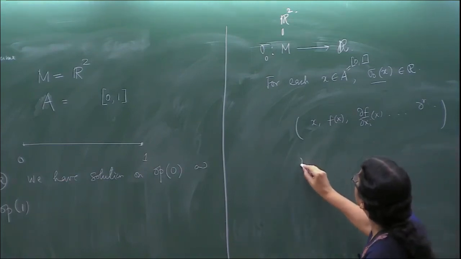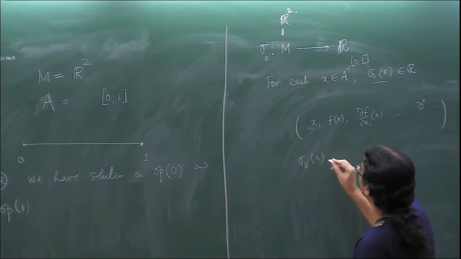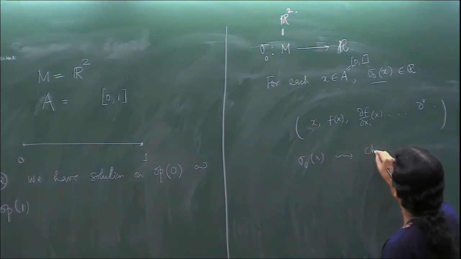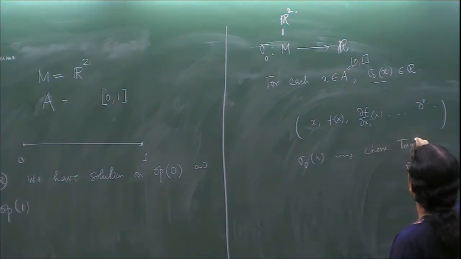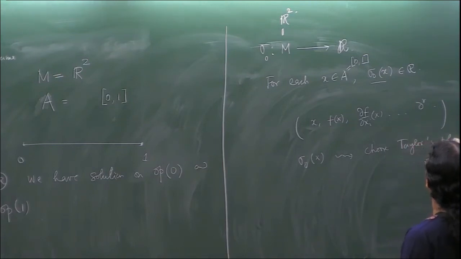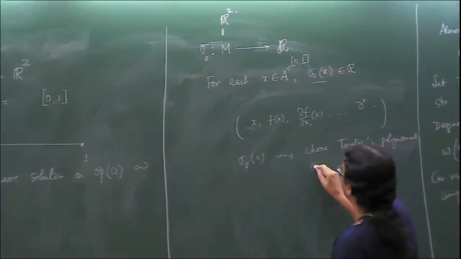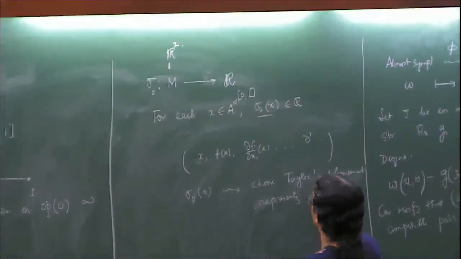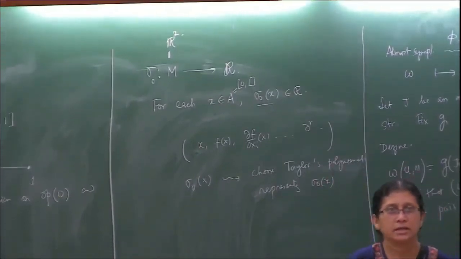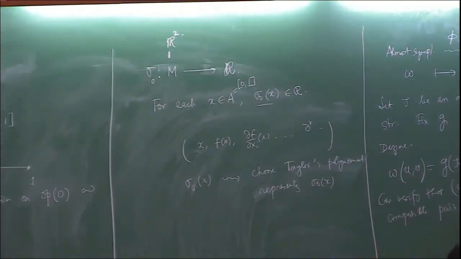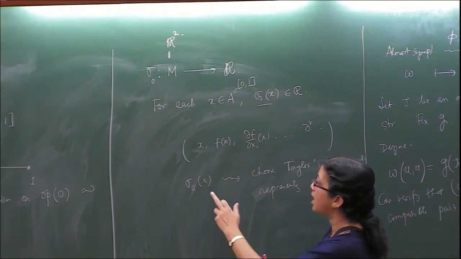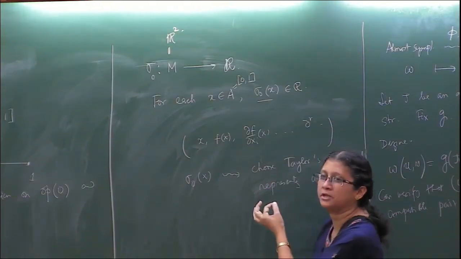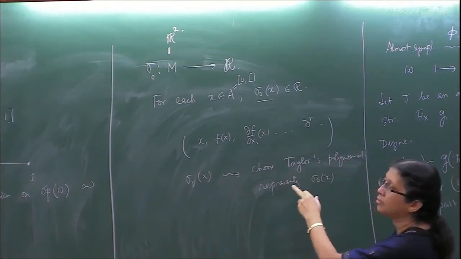So given sigma naught x, choose the Taylor's polynomial representing sigma naught x. Just like if you have a linear map, you can define the first order linear map. Whatever I do, I have to do it continuously. So I must have a unique way to define the primitive.